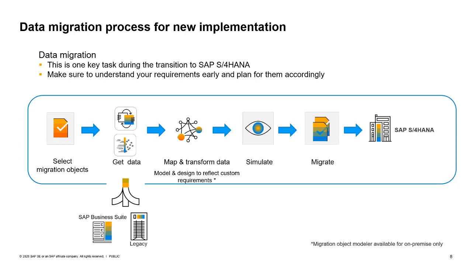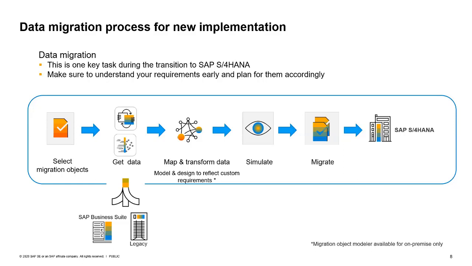Let's look at the data migration process for the new implementation. First of all, data migration is only one key task during the transition to SAP S4HANA. Please make sure that you understand your requirements as early as possible and you plan them accordingly. So you plan which migration objects you would like to transfer and migrate.